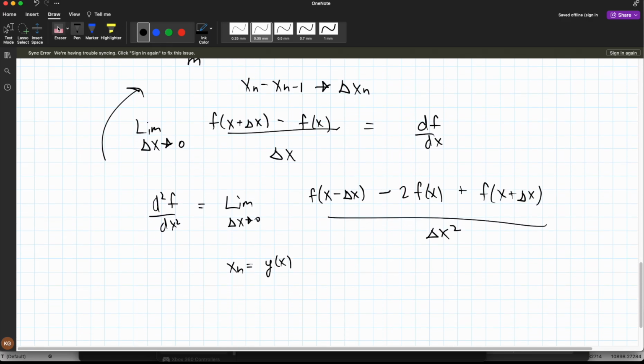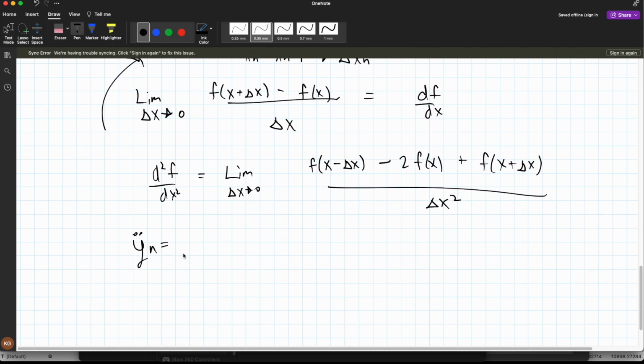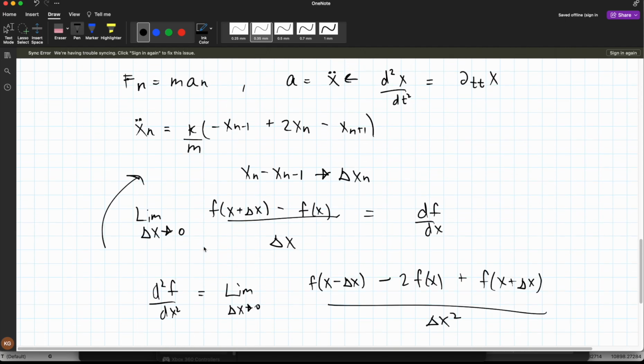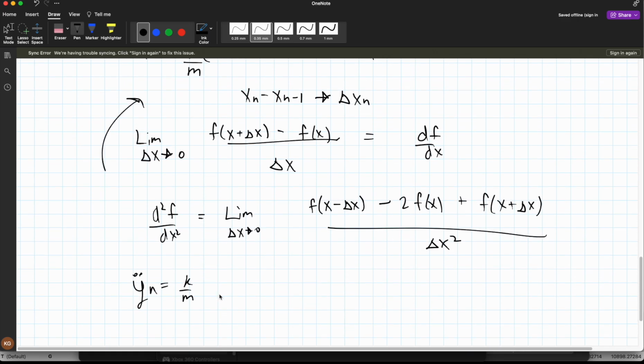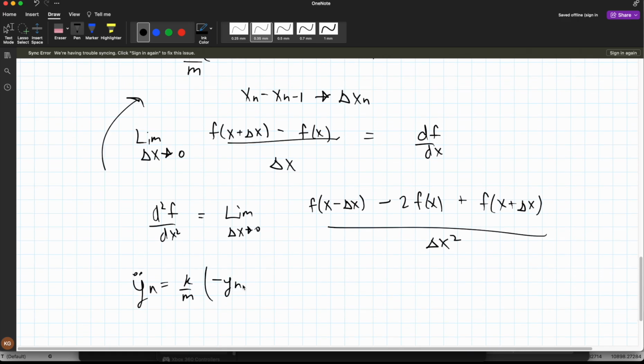So maybe I'll just rewrite this here so it's a little less confusing. Sorry about that. So we have y, the displacement of our spring, sub n, is equal to, and then we can just copy this, k over m, and then minus y_{n-1} plus 2y_n.